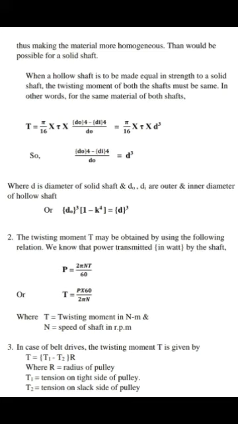Here T is the twisting moment in Newton meter and N is the speed of the shaft in RPM. In case of belt drives, the twisting moment T is given by T is equal to (T1 minus T2) into R. Here T1 is the tension on the tight side of the belt, T2 is the tension on the slack side of the belt, and R is the radius of the pulley. So these formulas may be used to solve the numericals when the shafts are subjected to twisting moment only.